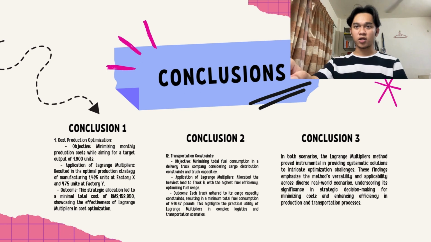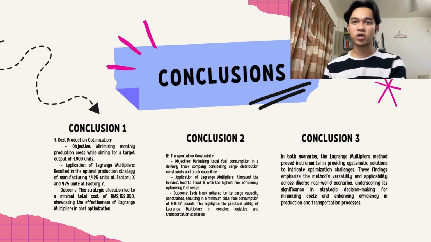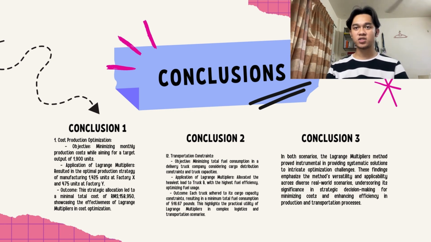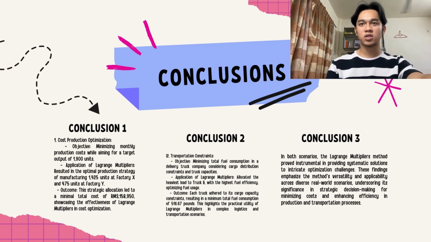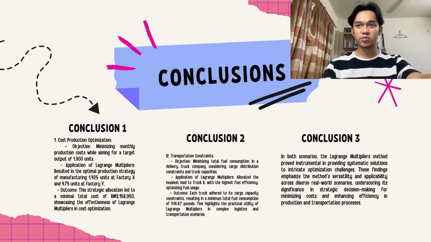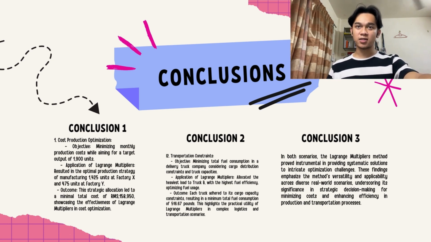This allocated the heaviest load to truck B with the highest fuel efficiency, optimizing fuel usage. Each truck adhered to its cargo capacity constraint, resulting in a minimal total fuel consumption of 516.67 pounds. This highlights the practical utility of Lagrange multipliers in complex logistics and transportation scenarios.